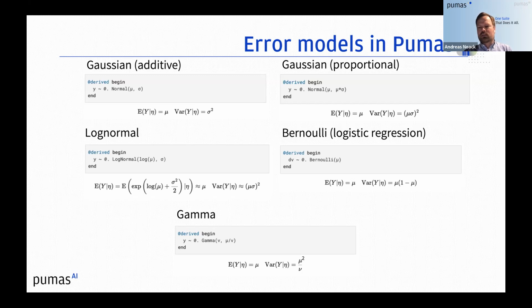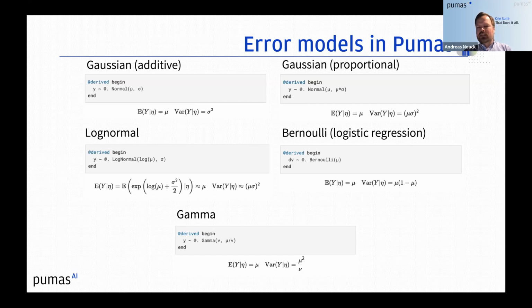I'm showing the variance, so that's the squared version, but for the standard deviation, you have a direct proportionality between the standard deviation of y, conditional on eta, and the mean mu.